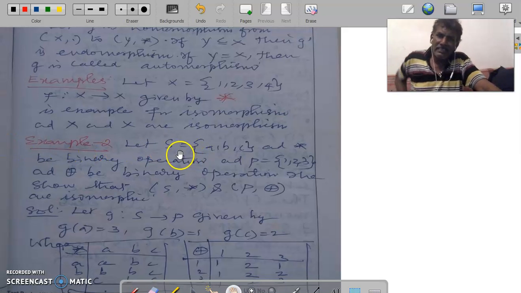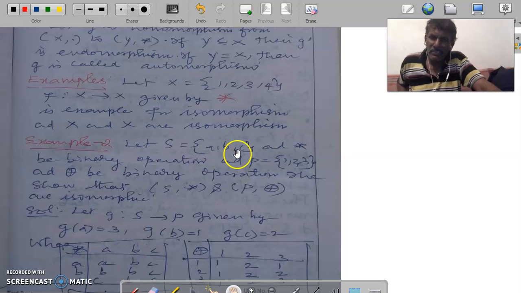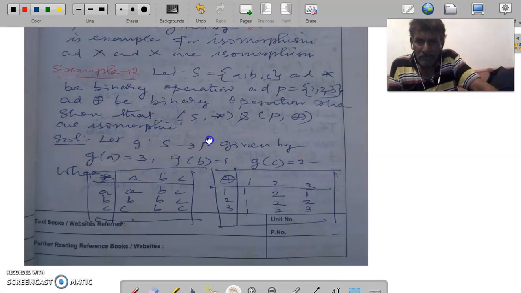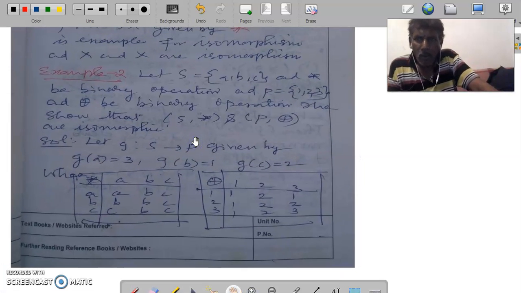Let S be a set consisting of A, B, C, and star be a binary operation, and P is another set 1, 2, 3, and round plus be a binary operation on the set P. Then we can show that (S, star) and (P, round plus) are isomorphic to one another because they satisfy all the conditions for isomorphism.